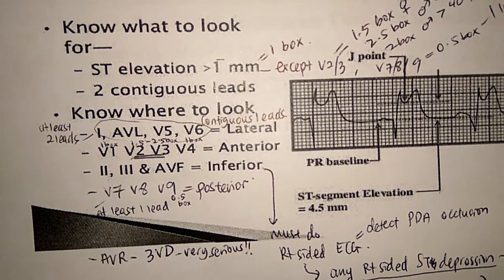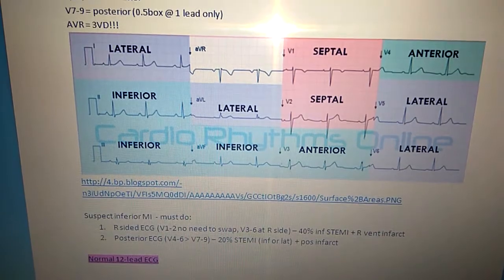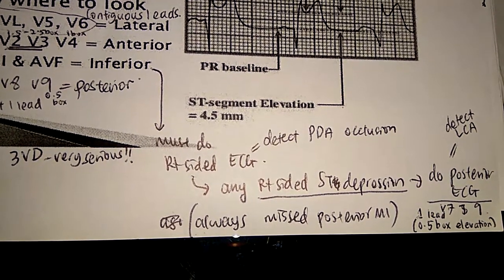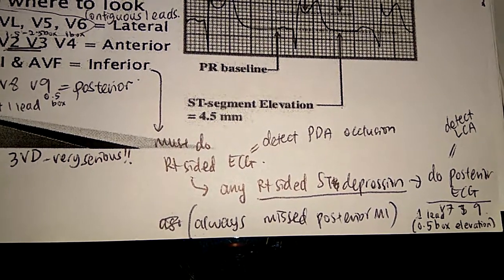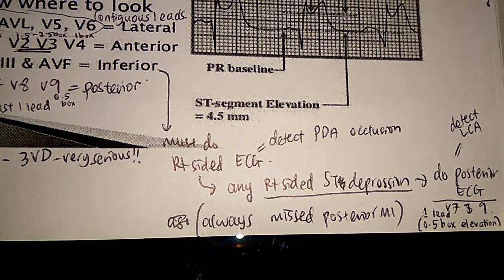There's a triple vessel disease. For any suspected inferior MI, must do right-sided ECG and also posterior ECG.